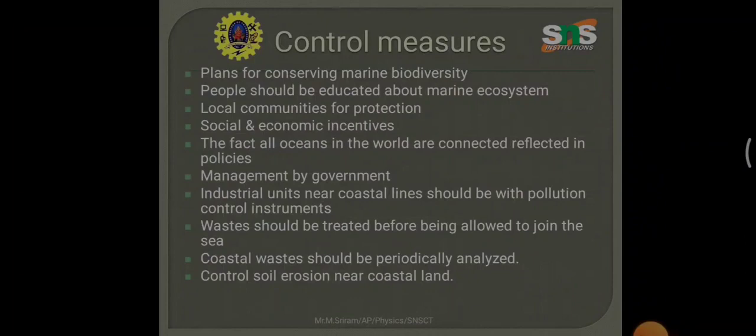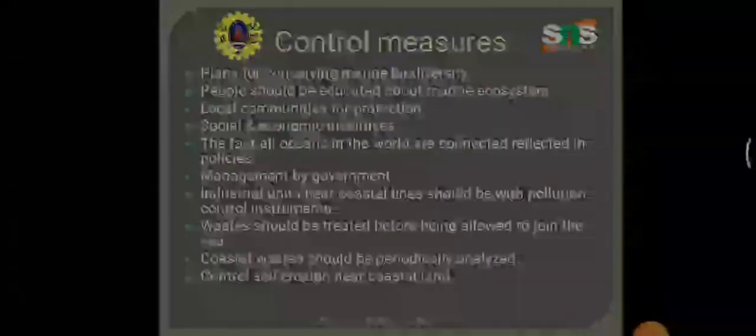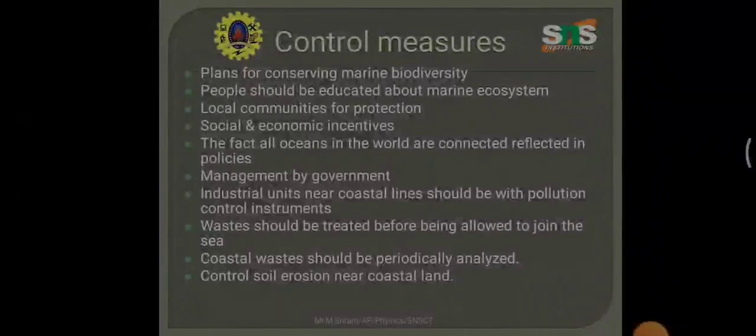So, control measures for marine pollution. The Worldwide Fund for Nature and the World Conservation Union suggested a plan for sustainable management involving six principles. Plans for conserving marine biodiversity must take human needs into account. People should be educated about marine ecosystems and the benefits offered by them.